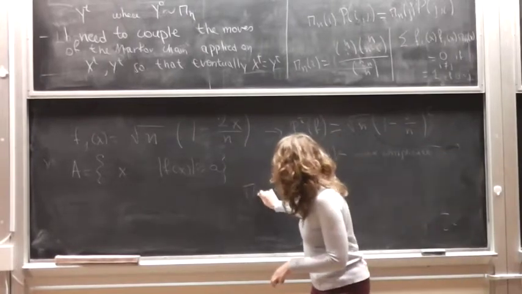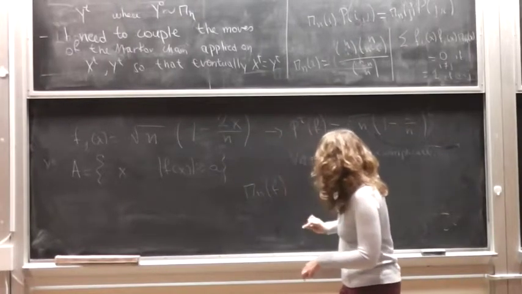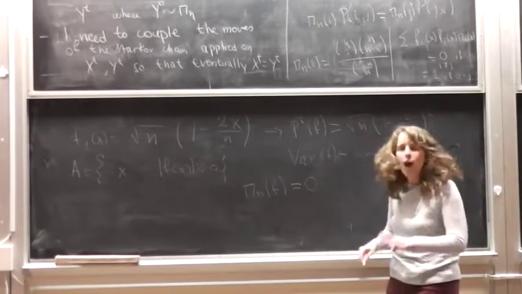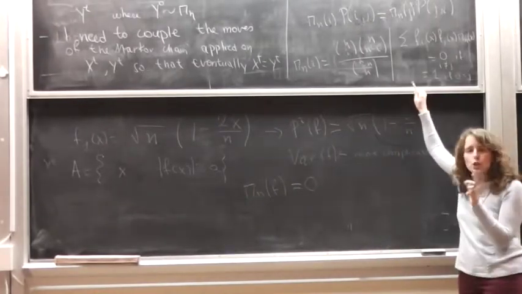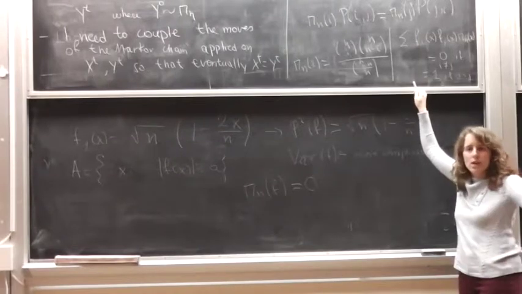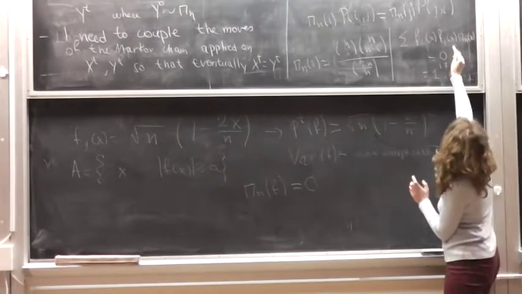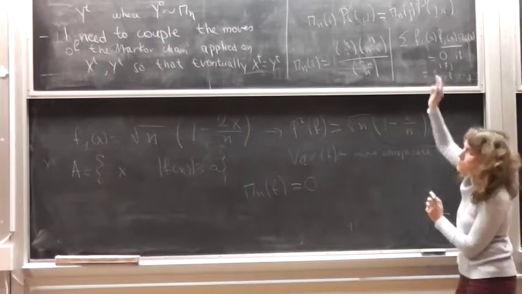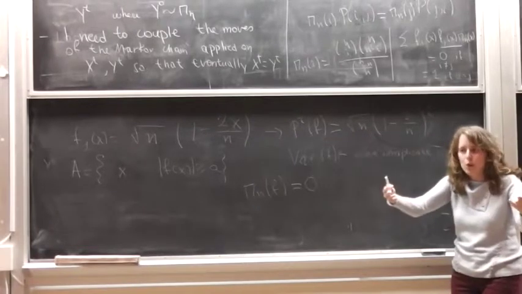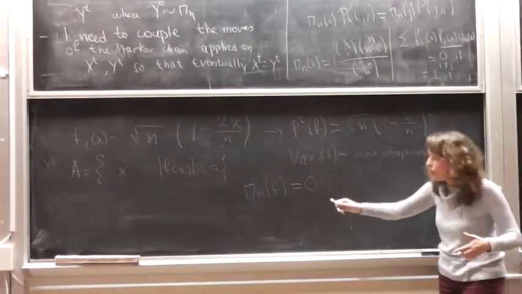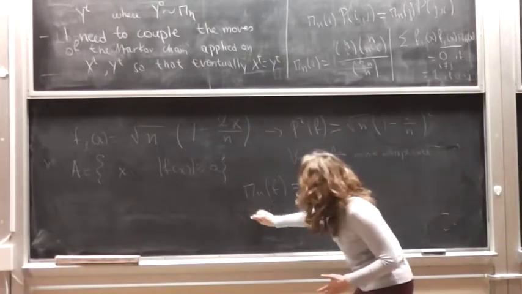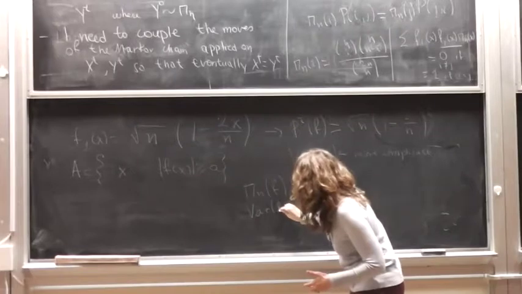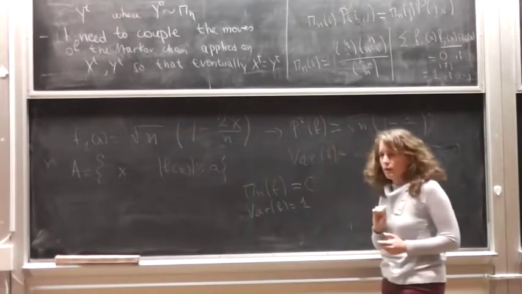At the same time, with respect to the stationary measure, this is 0. Why? This is exactly your question earlier. The eigenvector corresponding to the eigenvalue 1 is the all ones eigenvector, which means that if here I put all ones, my eigenvector sums to 0. So this is why this is true. And the fact that it is 1 otherwise, if i is equal to j, says that the variance of f is equal to 1.